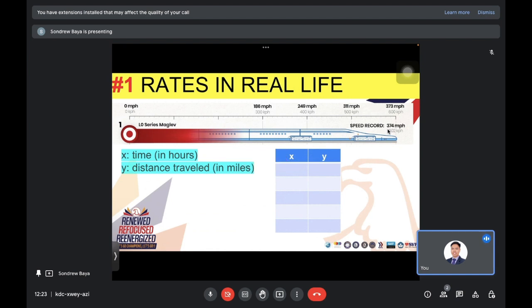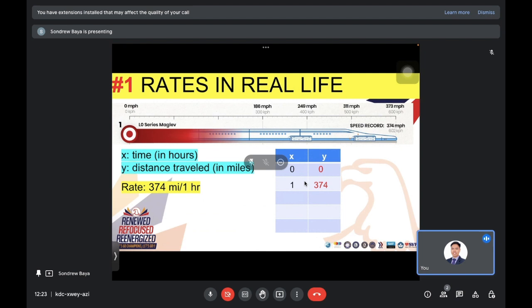Take note, 374 miles per 1 hour. If time is zero, that means you haven't covered any distance yet. But the moment you've been traveling for 1 hour in the maglev train, you have already covered about 374 miles. See, the y value depends on the x.